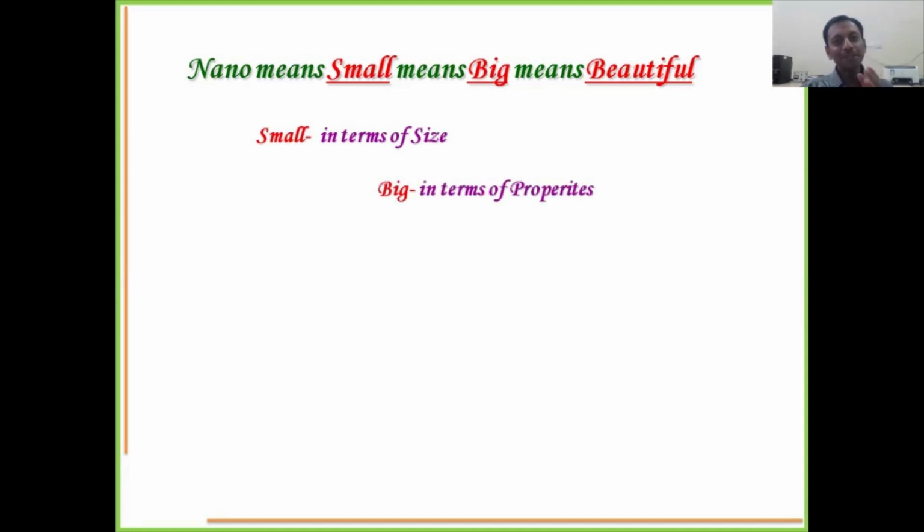And big means beautiful: beautiful in terms of very good applications. These materials have very good applications. Today, we have seen only one field, that is heterogeneous catalysis. But as you have seen in the nanomaterials introduction, properties, and applications part, nanomaterials have a wide range of applications.